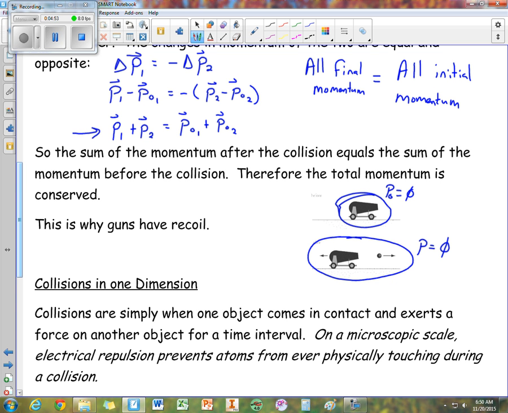Well, if we look at it, we would have 0 equals the final momentum of the ball plus the final momentum of the cannon. But these are vectors. We could say that the ball is moving in a positive direction and the cannon is moving in a negative direction. This is why it's important to remember that both the magnitude and the direction have to be conserved when we talk about momentum.